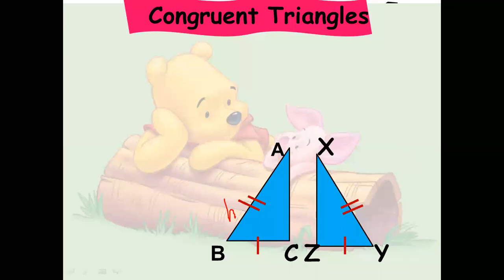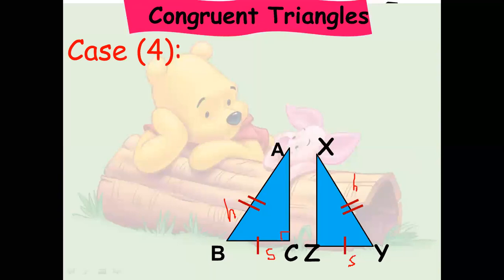So we can say, here I have XY congruent to AB, it's a hypotenuse, and YZ, this side, is equal to CB, and I have here a right angle, the measure of angle C equals the measure of angle Z, it's 90 degrees, right angle triangle.